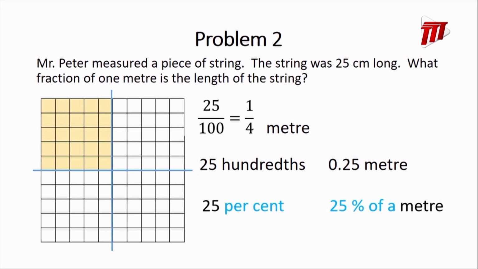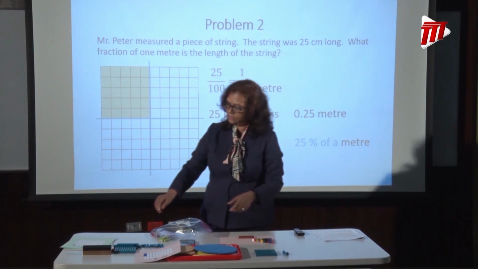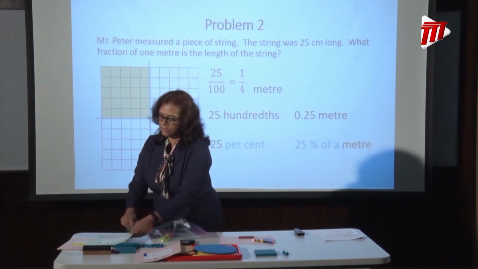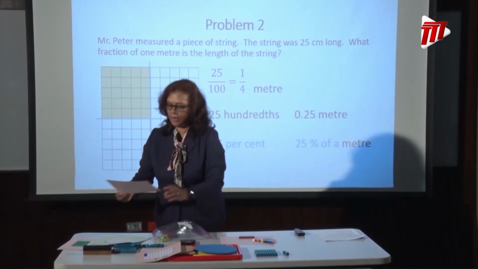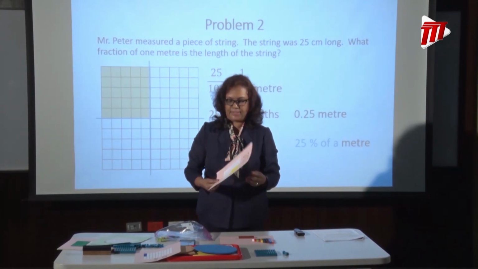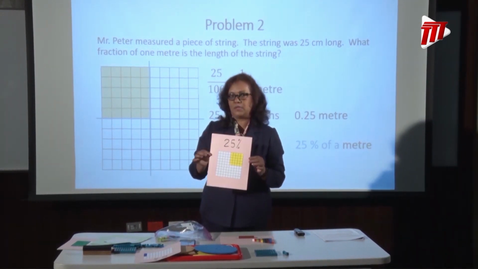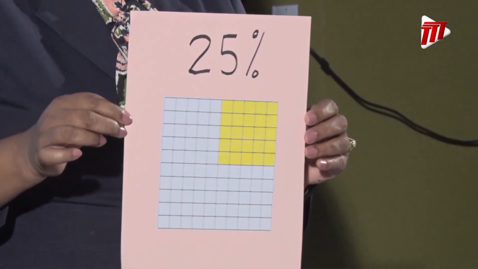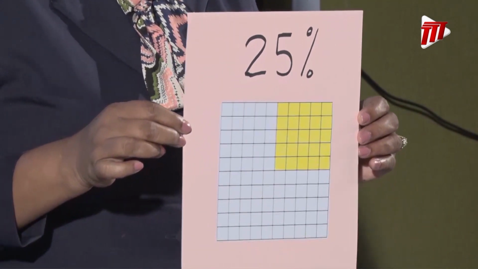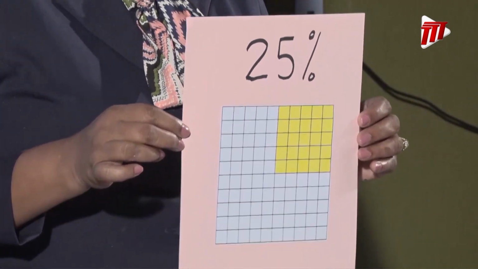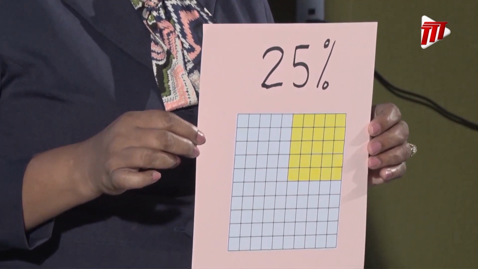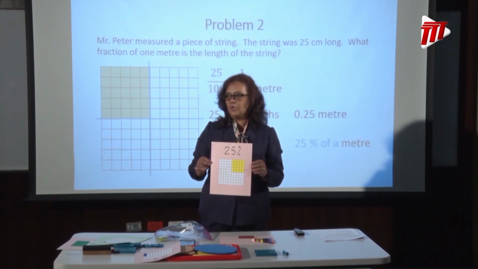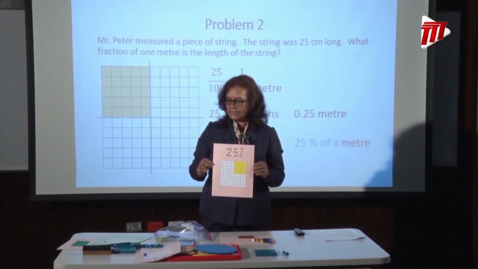So we can use our grid, and we can represent 25%, or 1/4. So if you have a checkered line exercise book, you can draw a 100 grid, you could cut it out, and you could try to represent your fractions and also your percent.